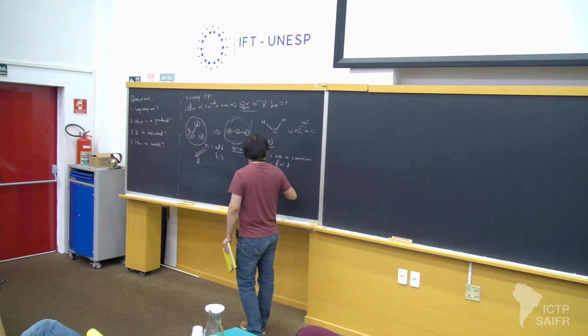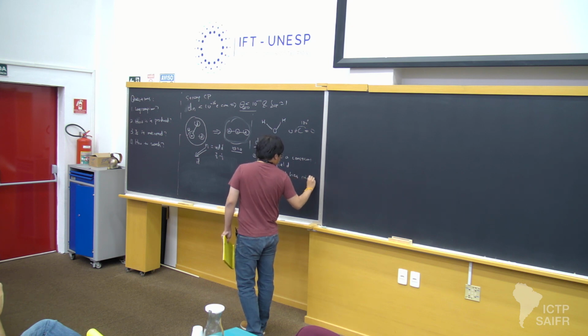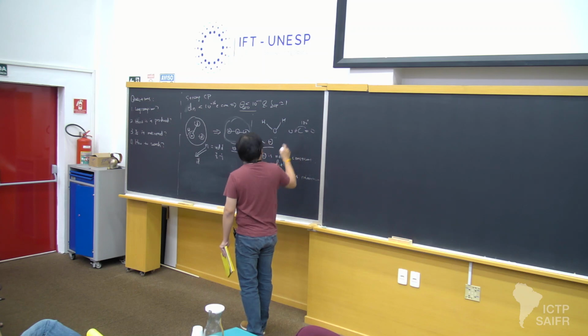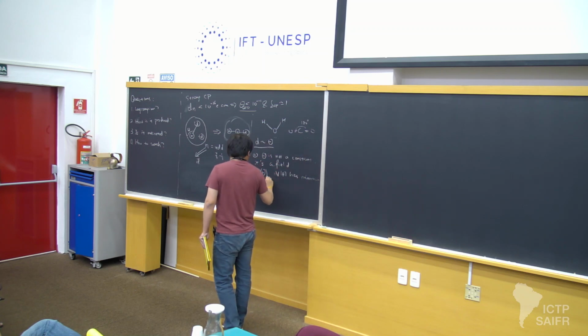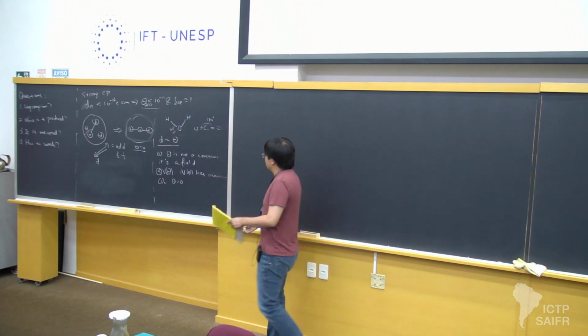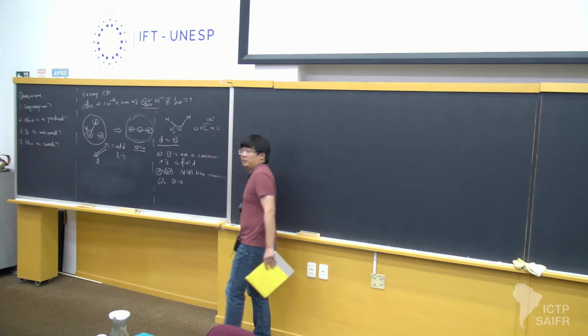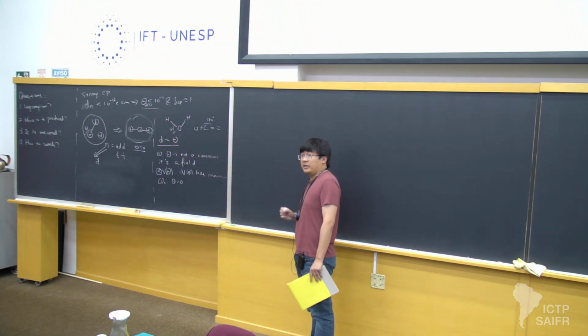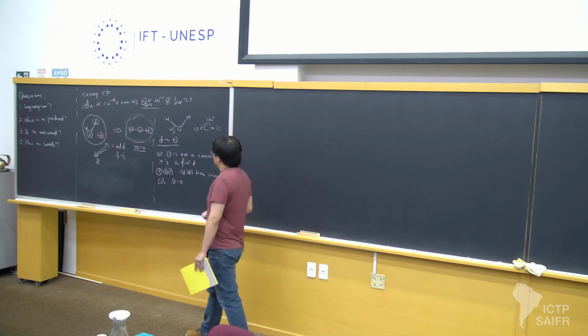The potential V of theta has a minimum for CO2 at theta equals 0, and for water at some critical value of theta. I don't really remember what the theta angle for water is, but it doesn't really matter. There is a specific point the molecule wants to be in, which is the ground state.